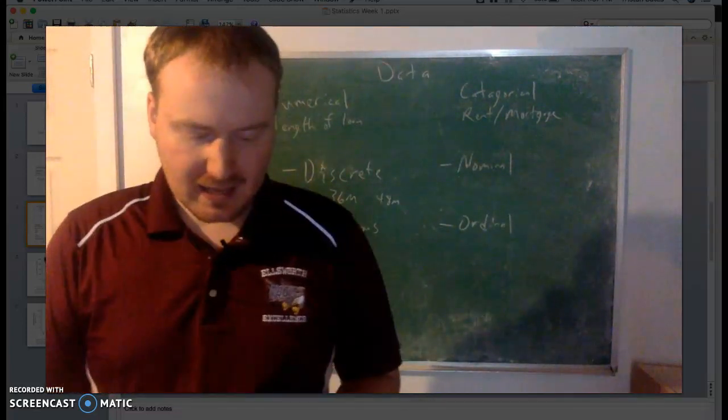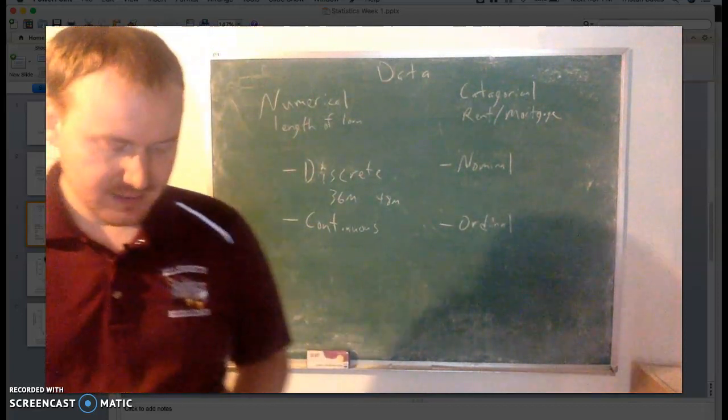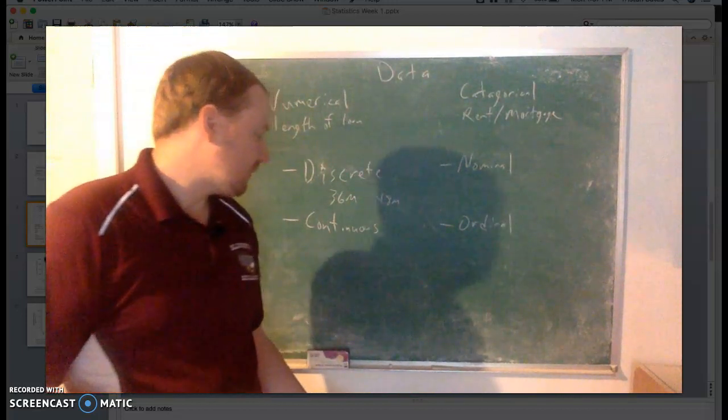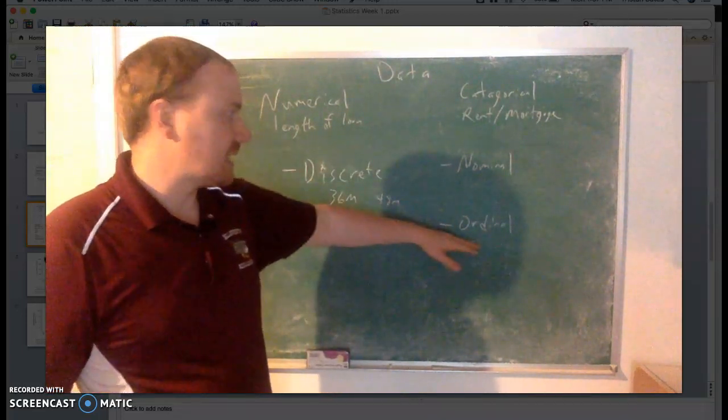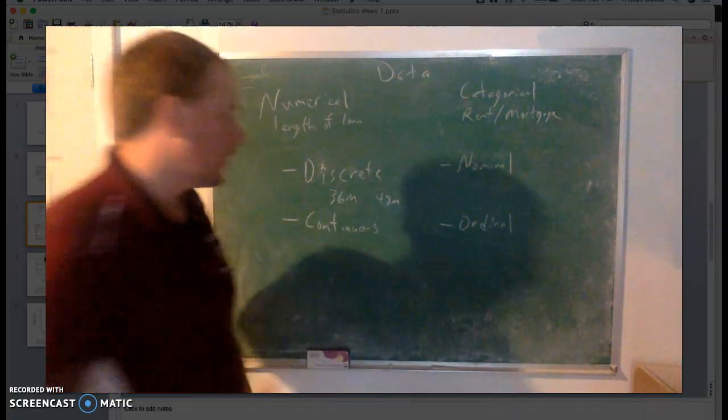When we're looking at nominal versus ordinal, really we're looking at the idea that in some cases we have an order that makes sense, right? And that's our ordinal. So sometimes categorical has ordinal values.